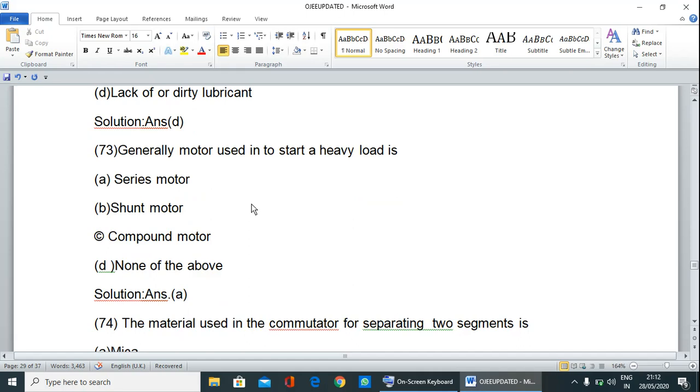Next question. Generally, the motor used to start a heavy load is the series motor. So already we have discussed in lecture 1.